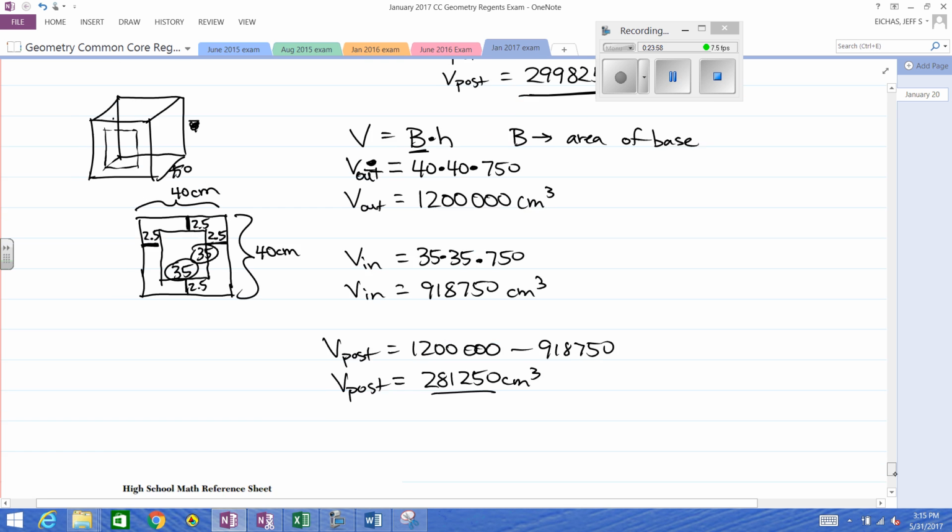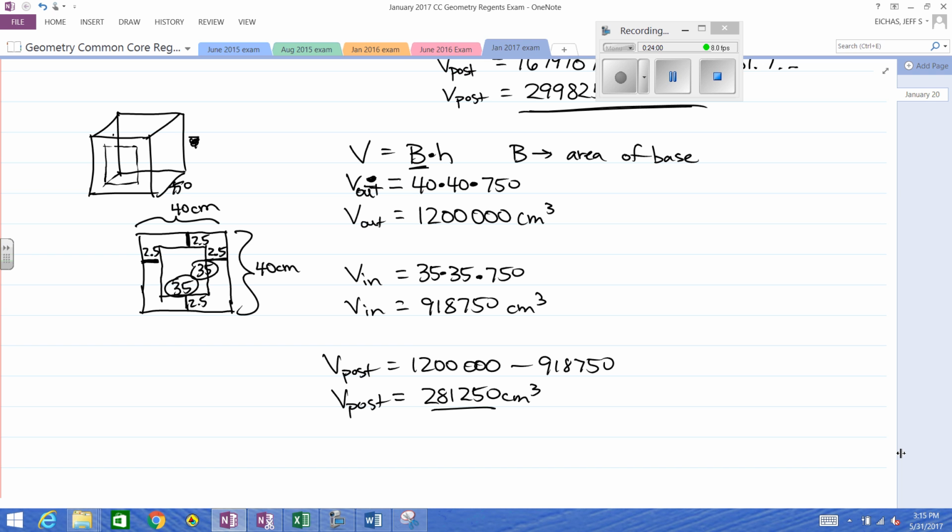So, which post is requiring the larger volume? Looks like the cylinder is going to use more. We want to minimize cost, right? If the post must be the same post, the rectangular prism is going to save us the money.